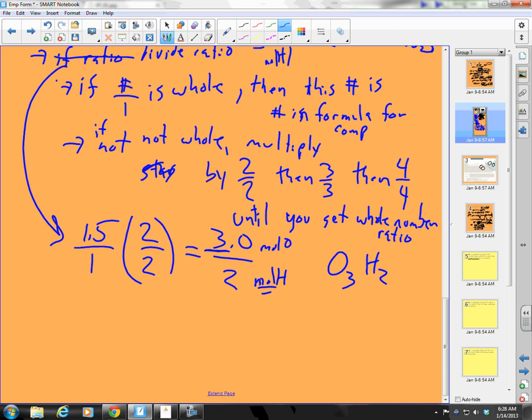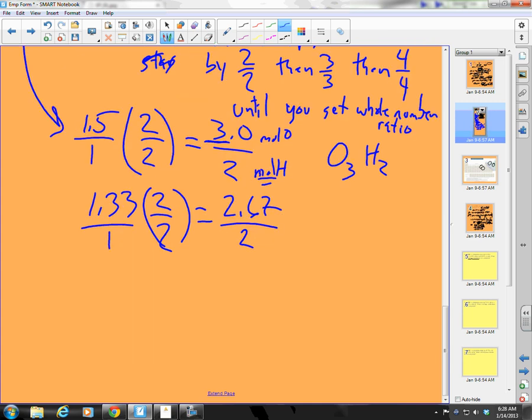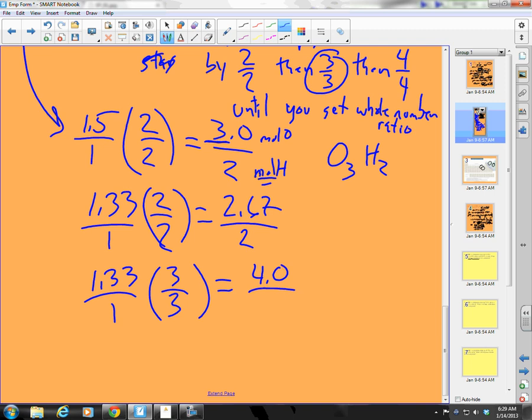Got it? What if I had a 1.33 to 1? Well, I'd multiply it by 2 over 2, and what do I get? 2.67 over 2. Is that a whole number? No. So I'd have to multiply 1.33 over 1 not by 2 over 2, but by 3 over 3. What do I get? 4.0 over 3.